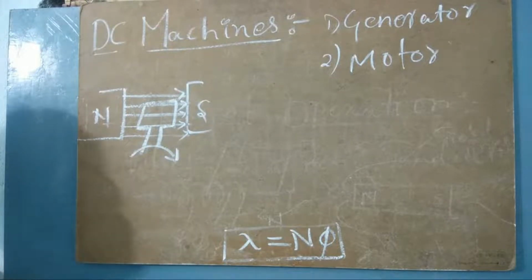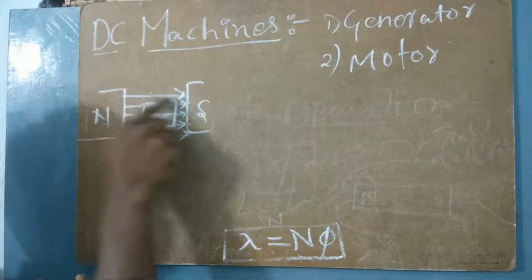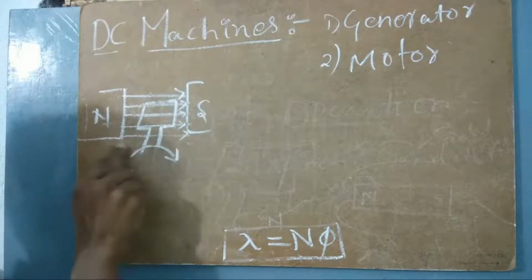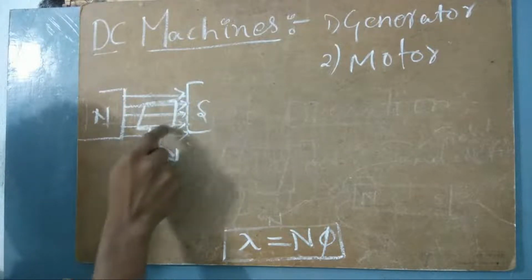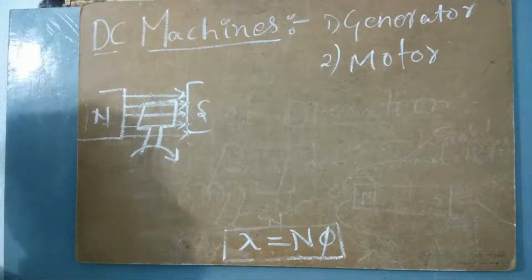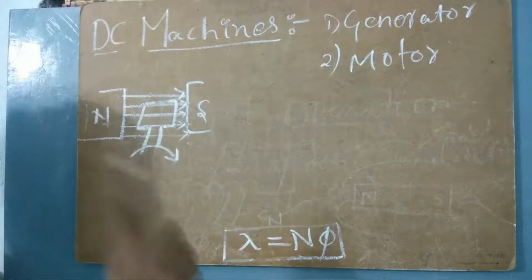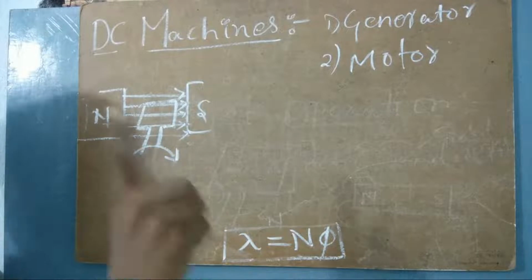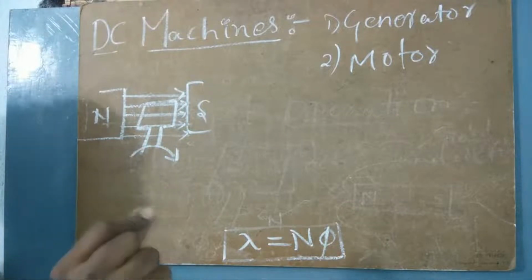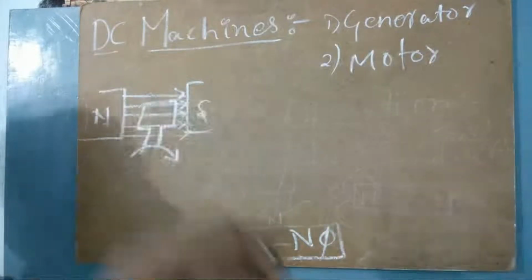So what happens to this conductor? Nothing happens, but because of this field, the kind of material that I used for the conductor, let us say it is copper. When copper is used, the outermost electron is one, because the copper atomic number is 29. So this one electron has to be supplied with enough energy to get out of the valence shell.